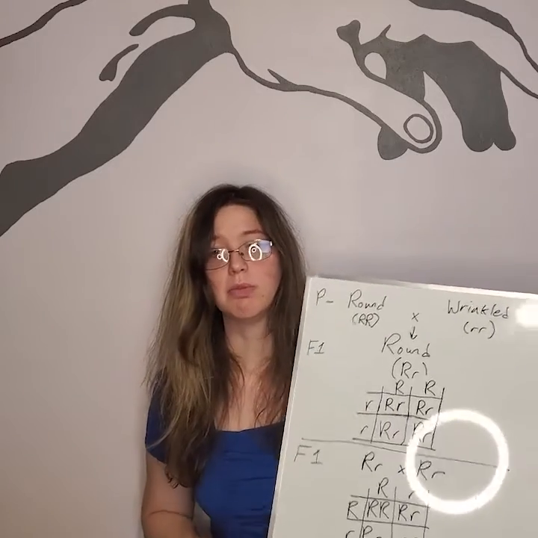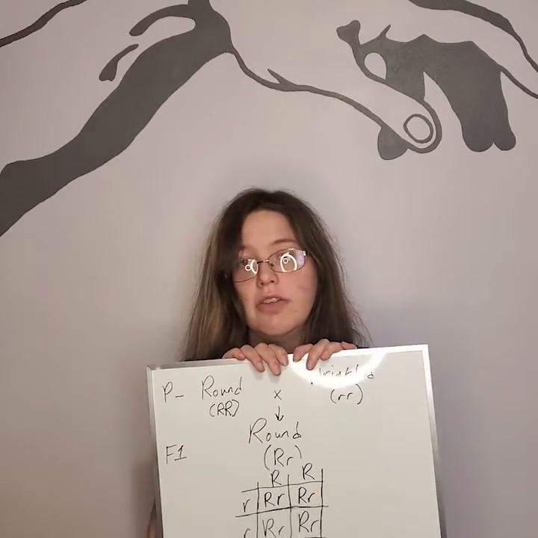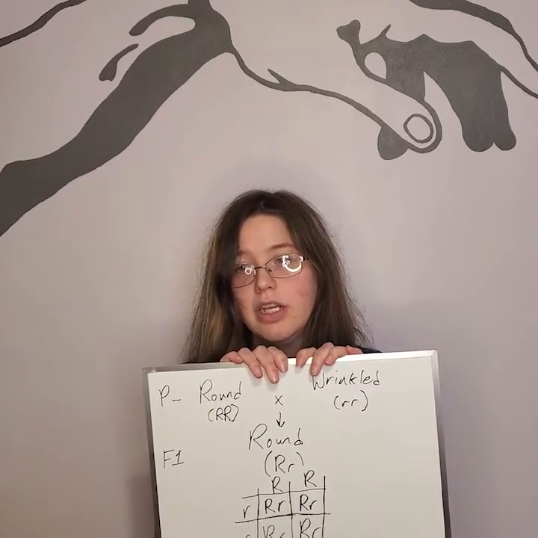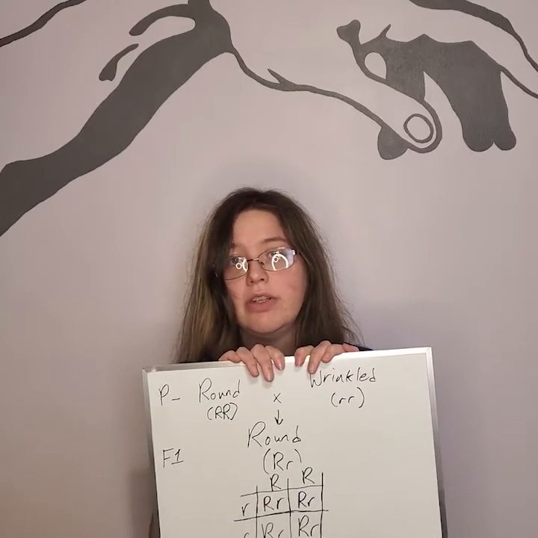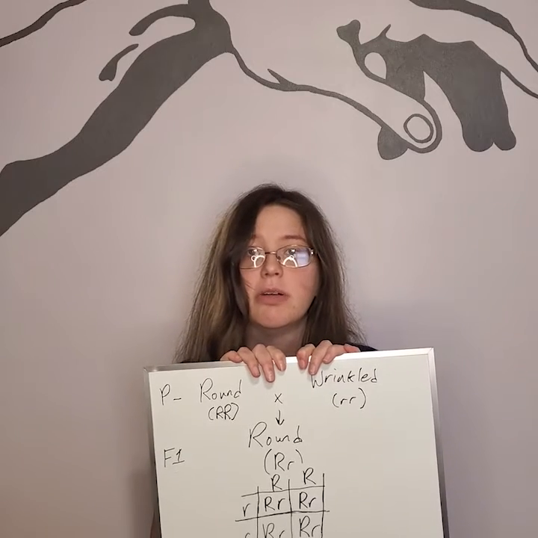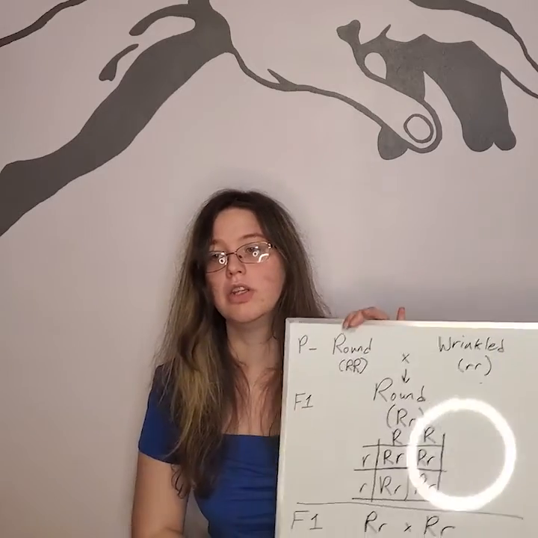This 3-to-1 proportion from the F1 crosses suggested that there was a hidden recessive form of the trait. And Mendel recognized that this recessive trait was carried down to the F2 generation from the earlier parent generation. So whenever we do a Punnett square for a monohybrid cross, it's always going to result in a 3-to-1 ratio, with 3 of the dominant trait for every 1 of the recessive trait.